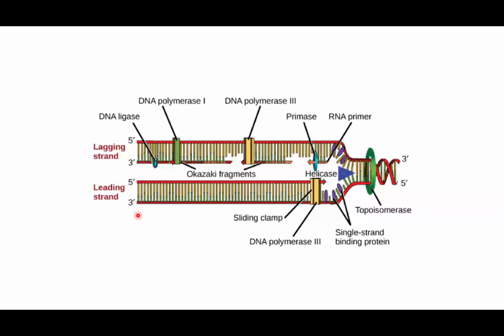So with the leading strand, we just build smoothly in one direction. What DNA polymerase has to do on the lagging strand is build a fragment, then drop off, then build another fragment, then drop off, then build another fragment, then drop off. So it's actually slower than the leading strand down here.